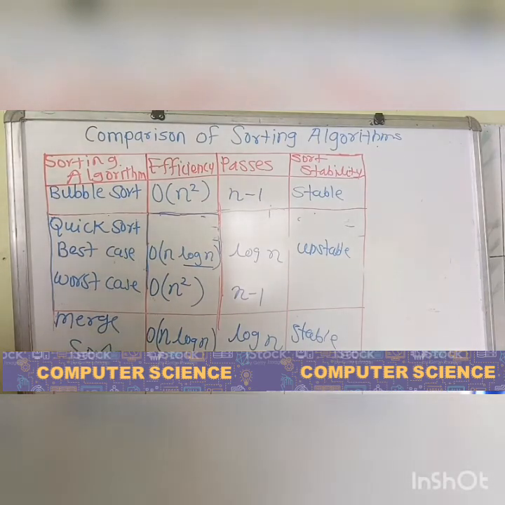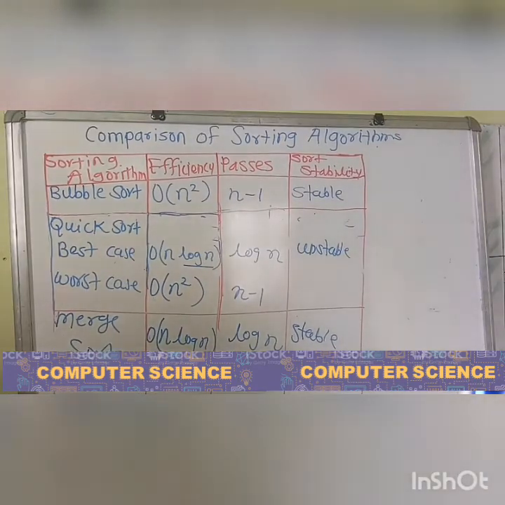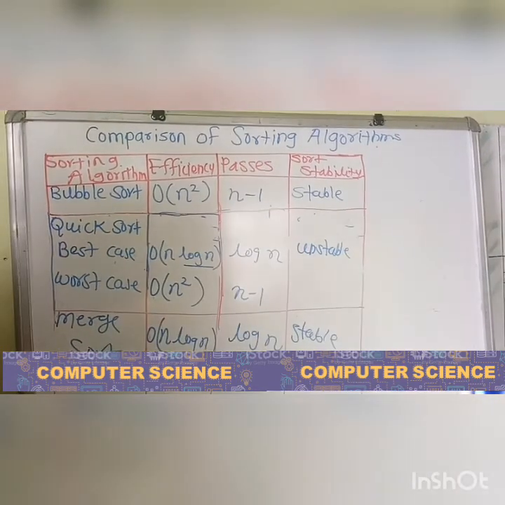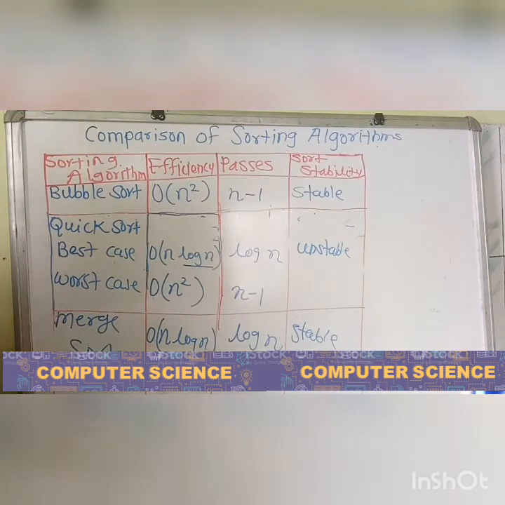This is all about the comparison of different sorting algorithms in terms of efficiency, number of passes, and sort stability.